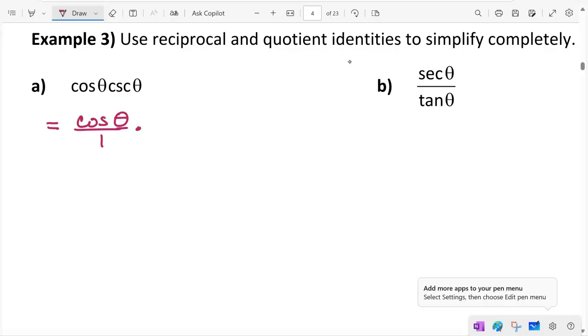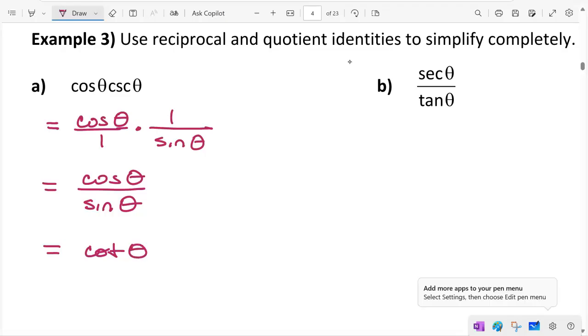Cosecant is the reciprocal of sine, so cosecant is 1 divided by sine. And then if I multiply, I get cosine over sine, and that's one of our quotient identities that we just talked about. Cosine over sine is equal to the cotangent of theta. So that's probably about as simple as I can get that to look.